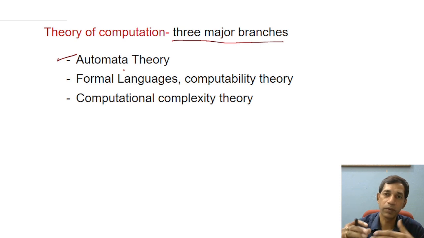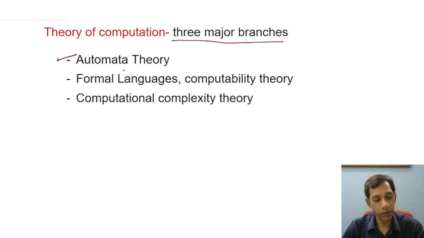Then we go to the pushdown automata. On generalization of the pushdown automata, we get a more powerful machine, the linear bounded automata. And finally you will move to the most powerful model of computation, the Turing machine. These are the abstract machines you are going to study in this theory of computation.